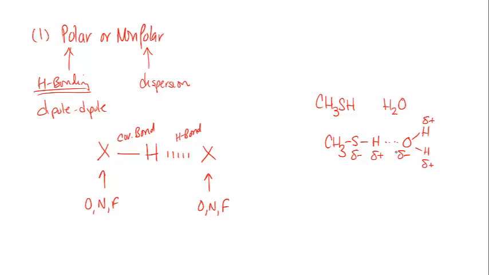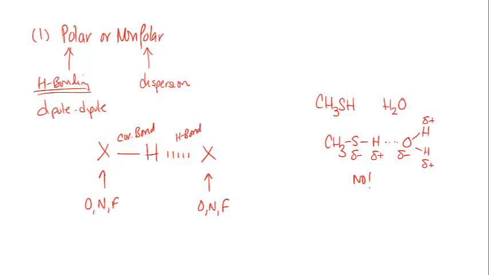Is this a hydrogen bond, though? No, it's not, because the hydrogen may be bonded to oxygen through this electrostatic attraction, but the covalent bond is to sulfur, which is not one of the three.